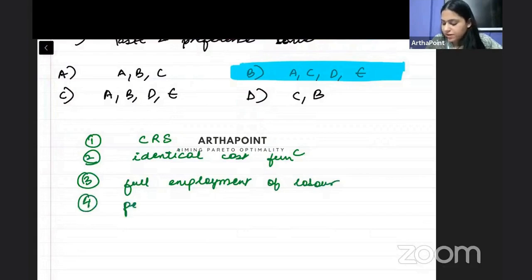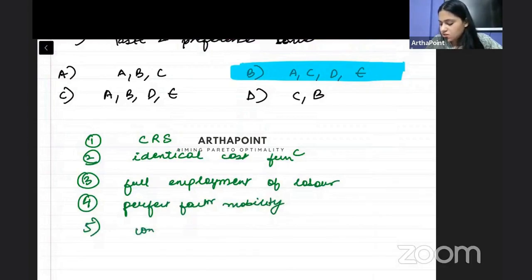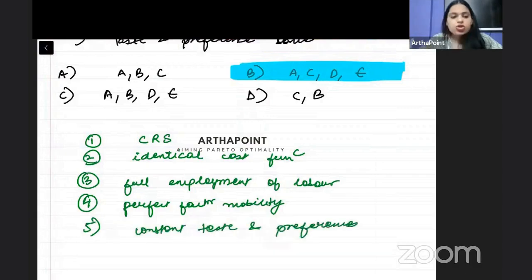Fourth, perfect factor mobility. And fifth, constant taste and preferences. So everybody will make a note of these assumptions. Please ये assumptions को note down कर लो.